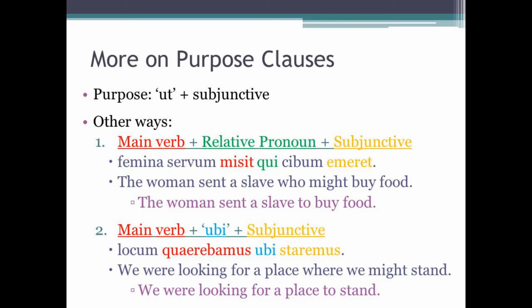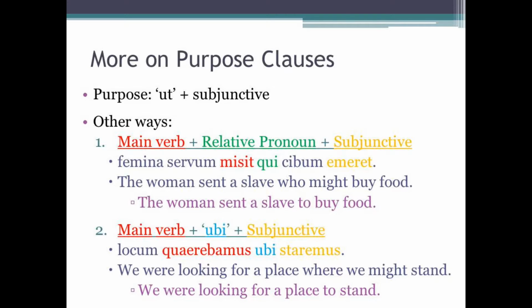And it's translated literally as "the woman sent a slave who might buy food." However, this sounds a bit clunky, so more naturally in English we would say "the woman sent a slave to buy food." And the second way is with a main verb plus ubi plus a subjunctive.